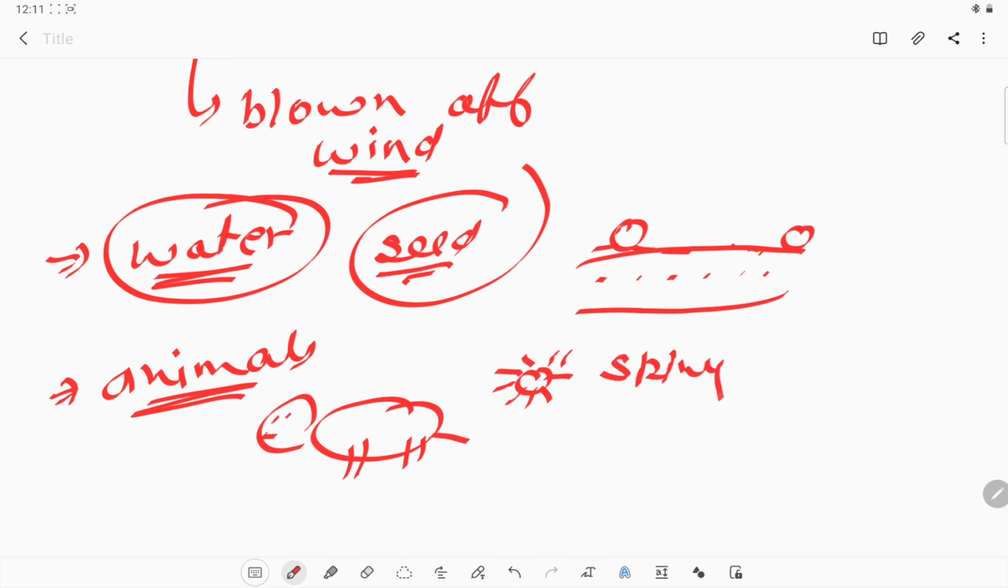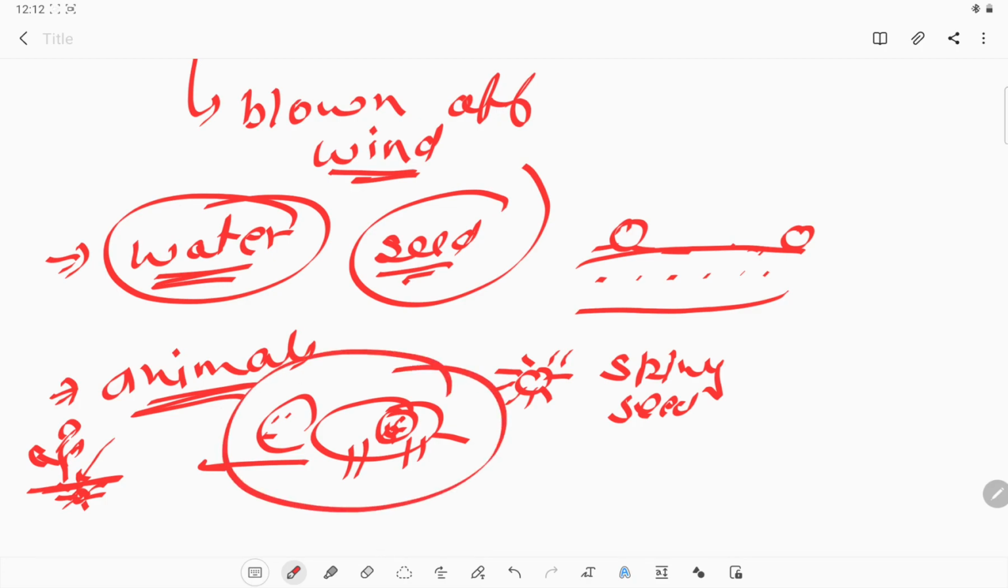Because of that spine they will stick to the hair of that animal, and the animal will move from one place to another, and from there they can rub that portion to take it out, and the seed will fall into that area and can grow into a new plant in a new area. So this is also a way the dispersal of the seed can take place.